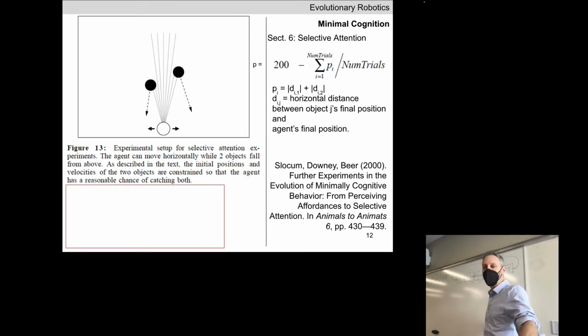So an ideal CTRNN will score all D's of 0, all 2 times n trials D's will be 0. The robot will always be there when any object gets to the bottom of the screen.